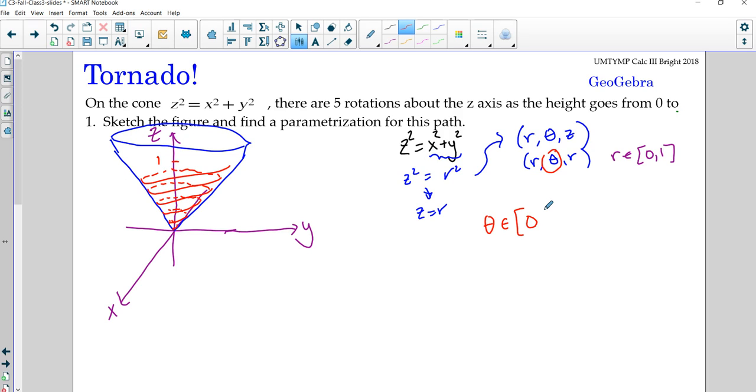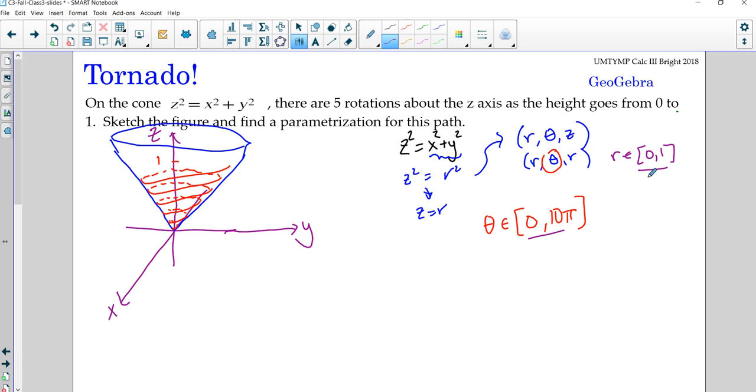So as I look at it in the xy plane, theta is going to go from 0 to 10 pi actually. 5 times 2 pi. Okay, but now I need a way to reconcile these two range values. It'd be nice if I could get them into, say, a single variable.